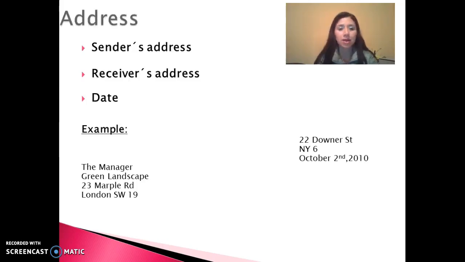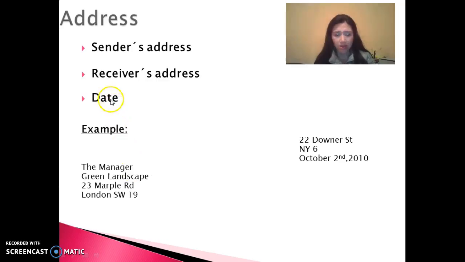Let's start with address. Here there are the sender's address and the receiver's address. The sender's address should be written in the top right-hand corner, while the receiver's address should be written on the left, starting below the sender's address.